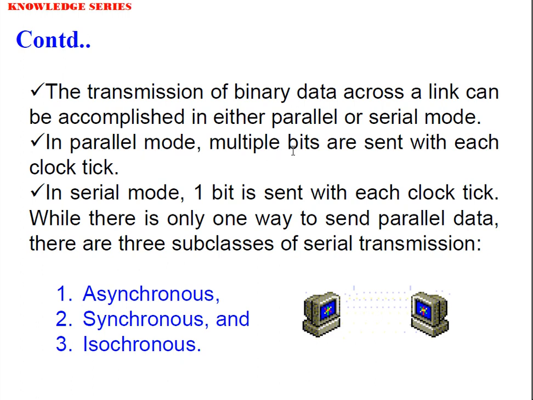In a parallel mode, multiple bits are sent together, and in the serial mode, one bit is sent serially, based on the clock tick. We will see the figure in the subsequent slide. While there is only one way to send parallel data, there are three subclasses of serial transmission.